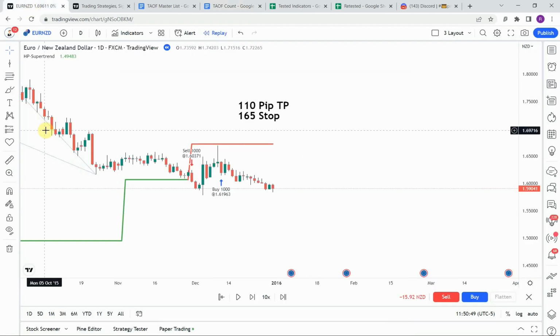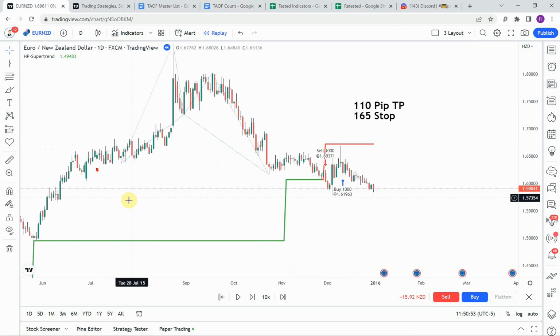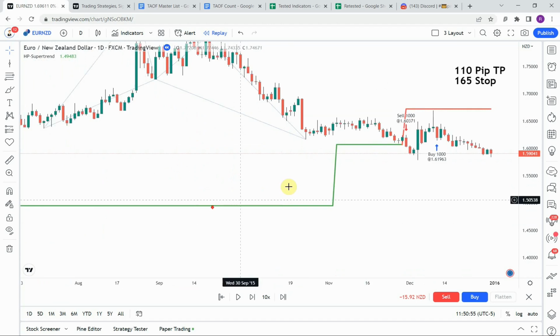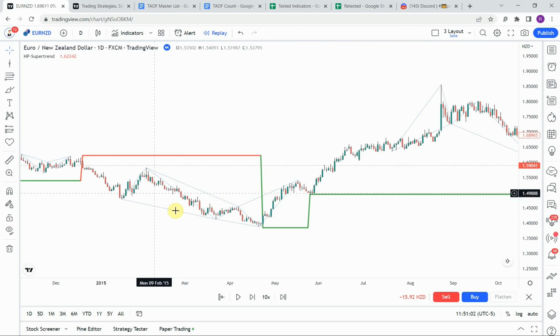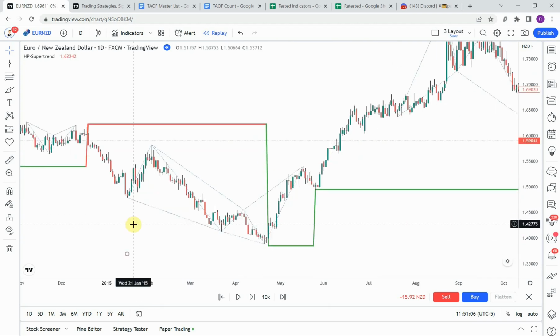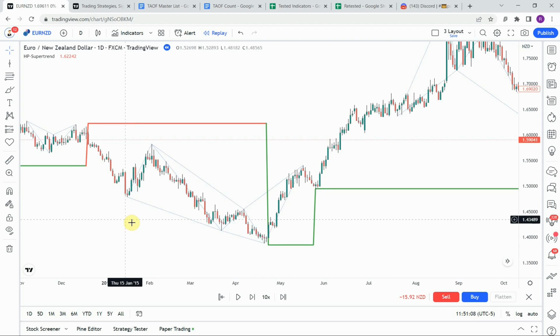Okay, so today's indicator is the Harmonic Pattern Supertrend indicator, and you can see it here on screen. And so basically this indicator is taking the harmonic patterns, and if you're not really sure what the harmonic patterns are, go ahead and Google that and take a look.